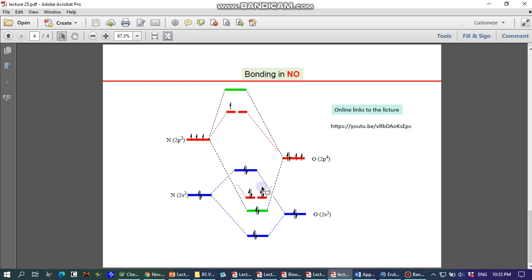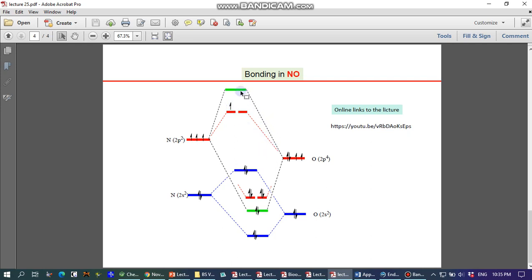So we placed 6 electrons in these molecular orbitals and 1 electron is left, and definitely there is no empty orbital in this region. The only orbital available for that unpaired electron is the pi star orbital of nitric oxide, and this pi star orbital will accommodate the unpaired electron.